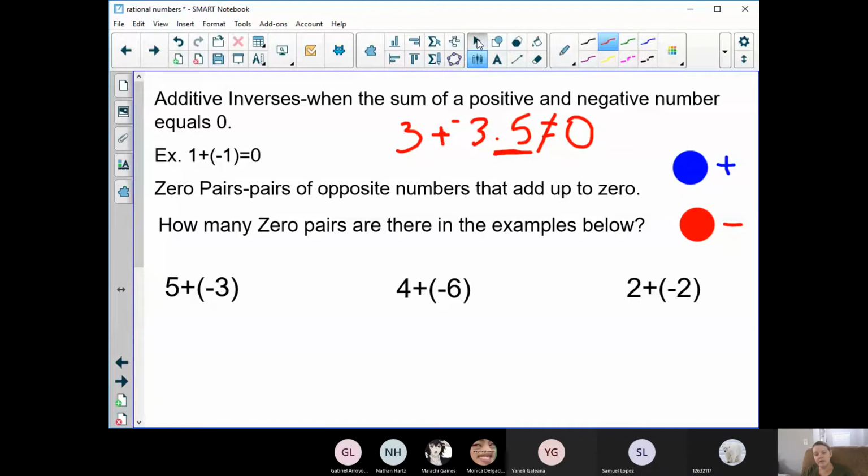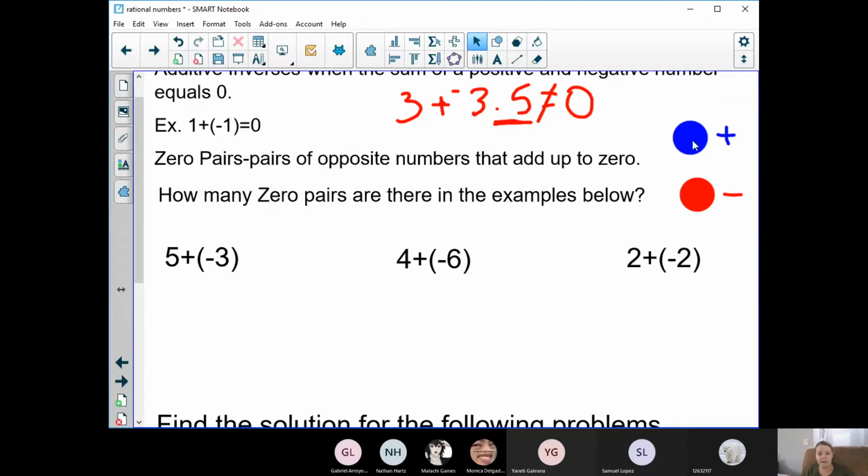Let's take a look at zero pairs, and I'm going to use some dots to help model this, just so you can see how this works. So I have the problem here, 5 plus -3. So I'm going to grab 5 of my blue dots. And I'm going to grab 3 of my red ones because the red ones represent my negative numbers.